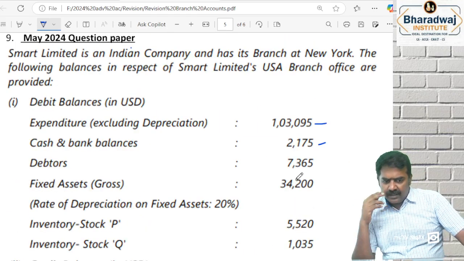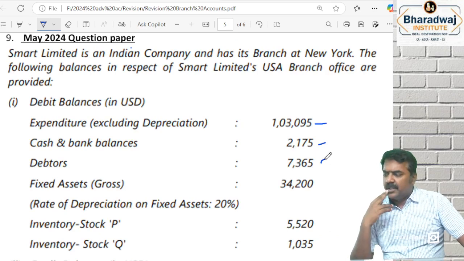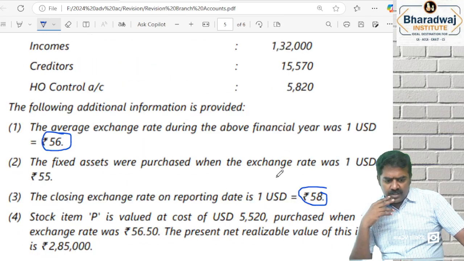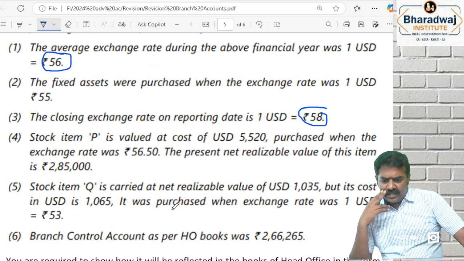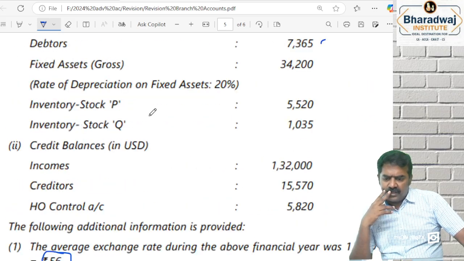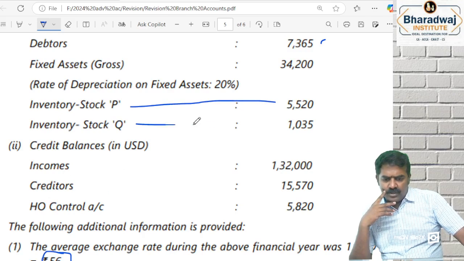Then debtors will also be converted using the closing rate. Fixed assets and depreciation, historical rate. What is the historical rate? 55 is given.